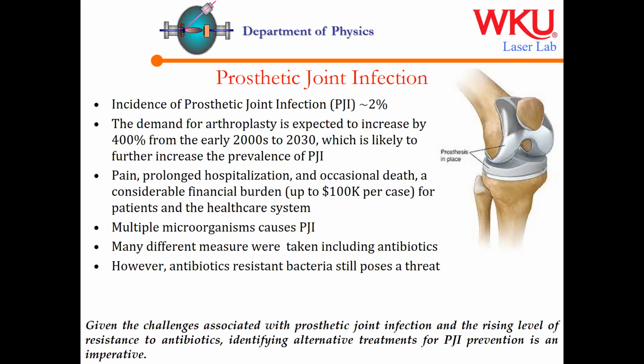However, some of the bacteria develop a resistance against antibiotics, and therefore those bacteria pose a great deal of threat for those who have the surgery. So, given the challenges associated with this prosthetic joint infection, obviously we need to identify an alternative treatment so that we can prevent PJI.